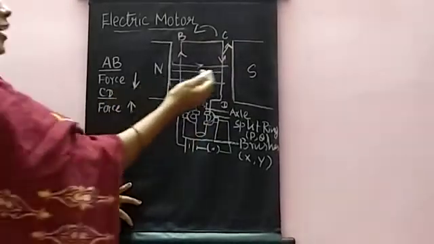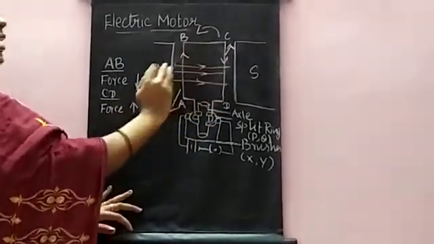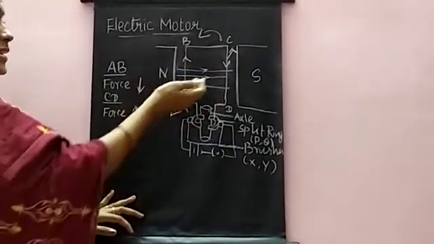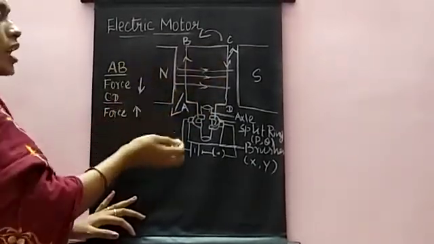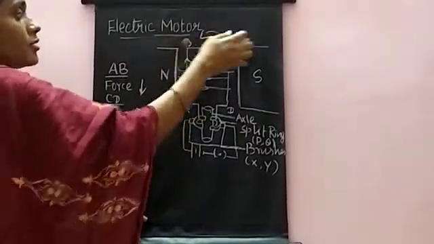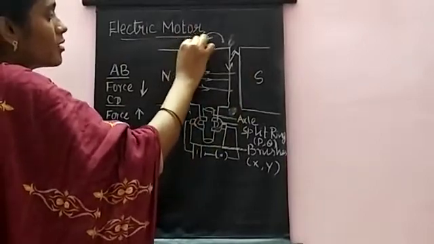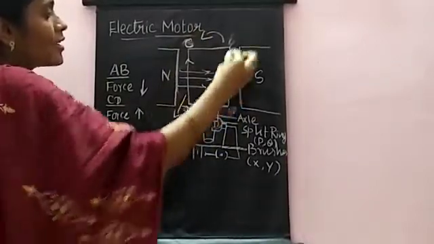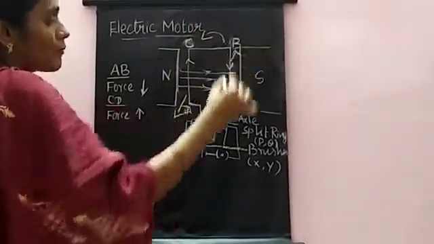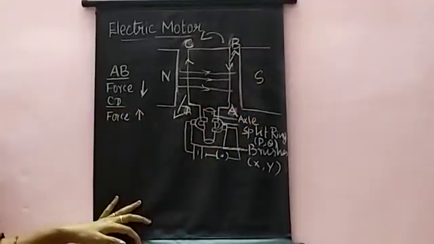According to the direction of the magnetic force, the coil rotates in the anti-clockwise direction. Now the coil is changed, with CD here and BA there.